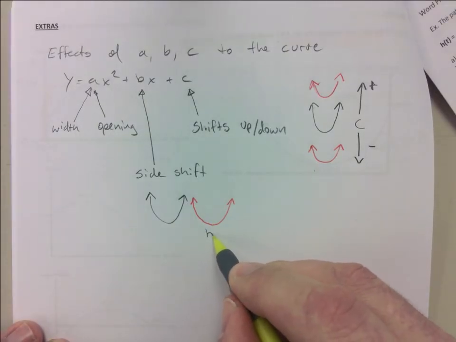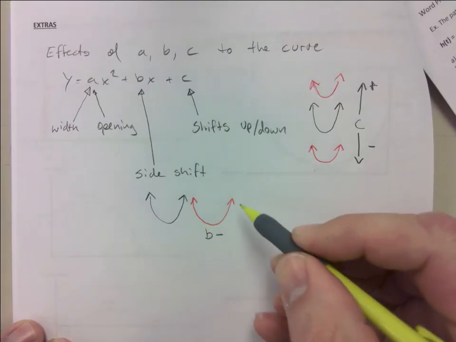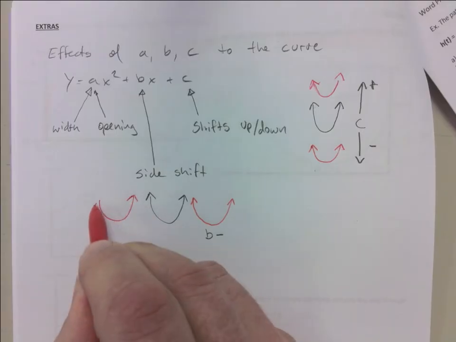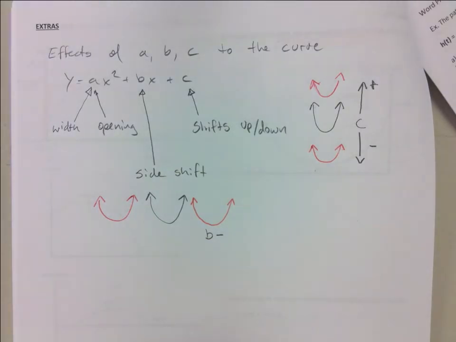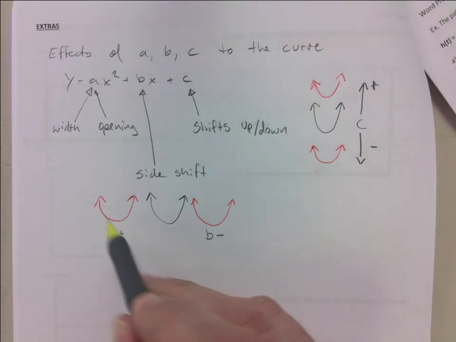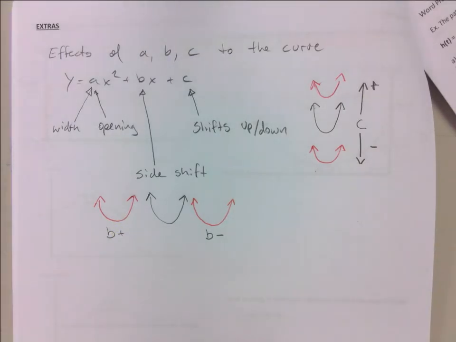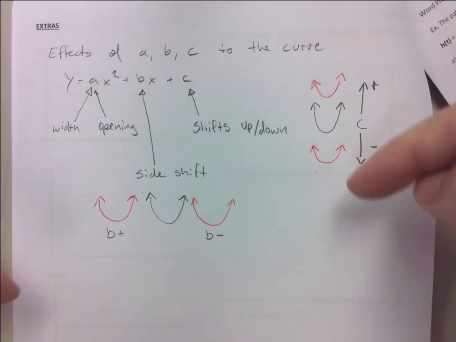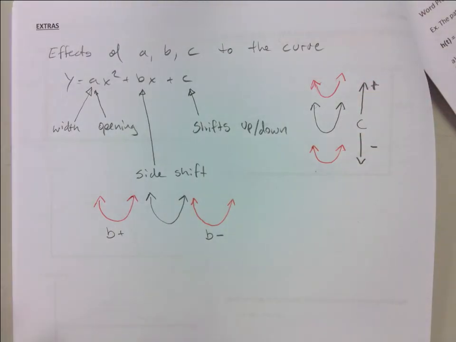So if B is negative, the more negative you make it, the more it's going to shift that way. The more positive you make it, the more it's going to shift to the left. I made them all pointing up, but you do understand that it could be pointing down and the same effects would be visible. Okay?